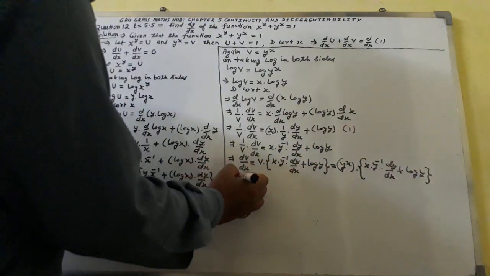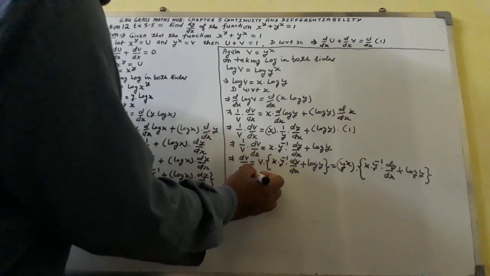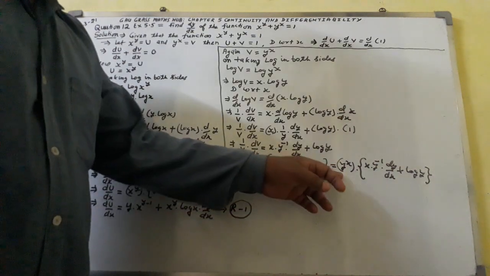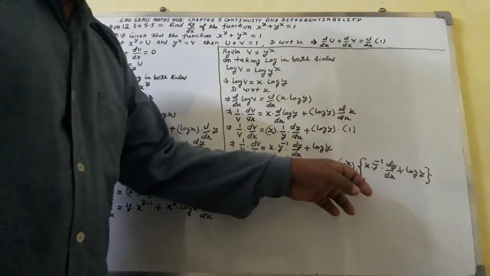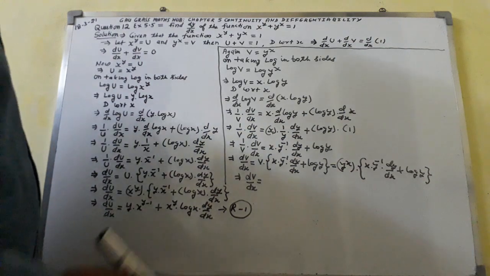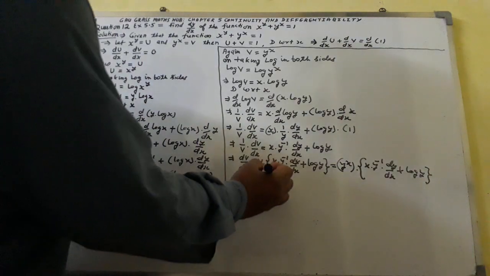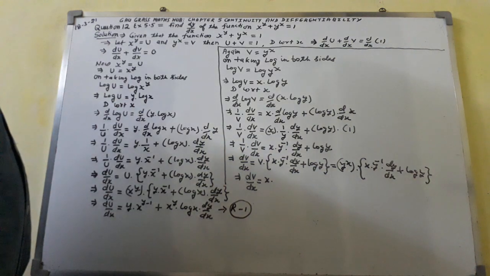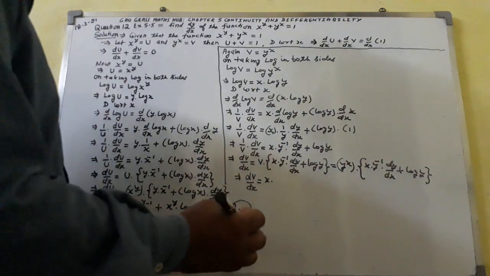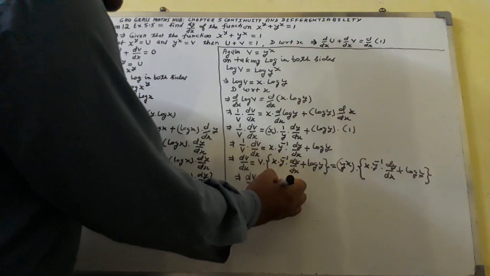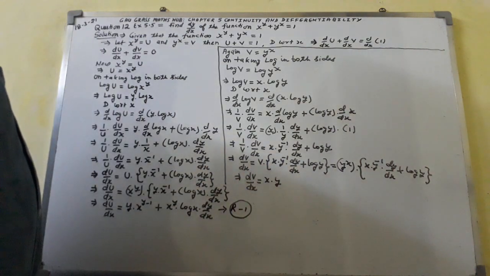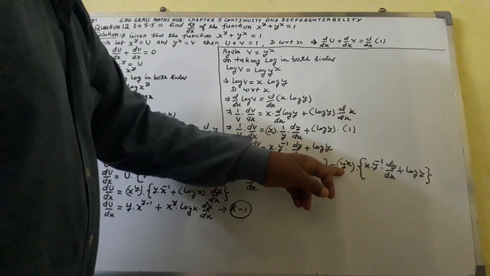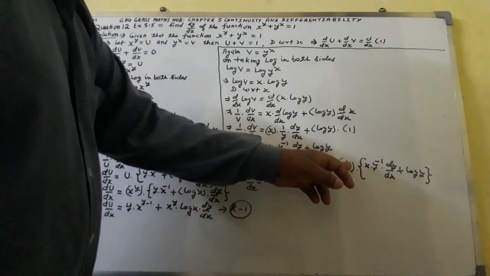You will get here dv over dx equal to y raised to power x, and the curly bracket will be broken. So we will get here x dot y raised, y is there in the base, both the bases are y, so the powers will be added.